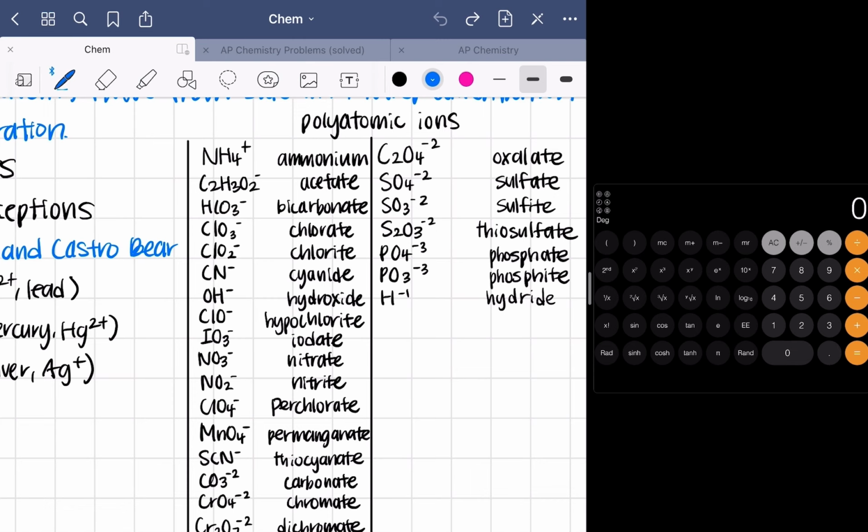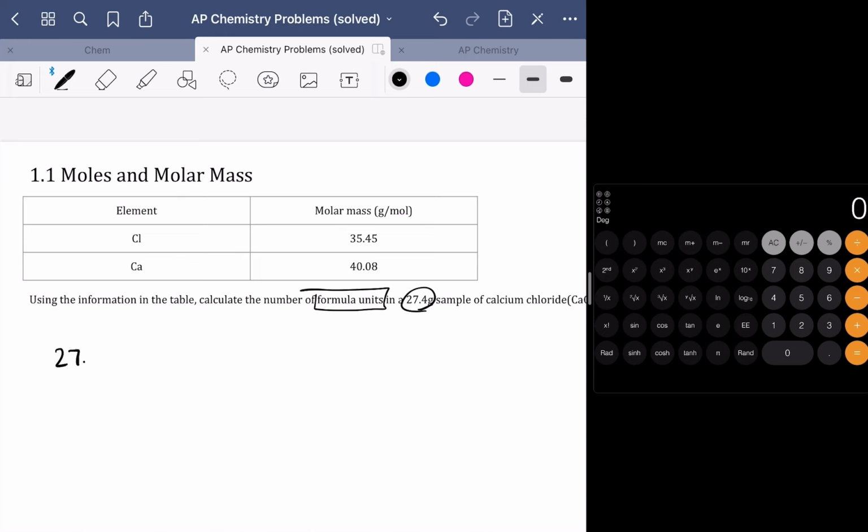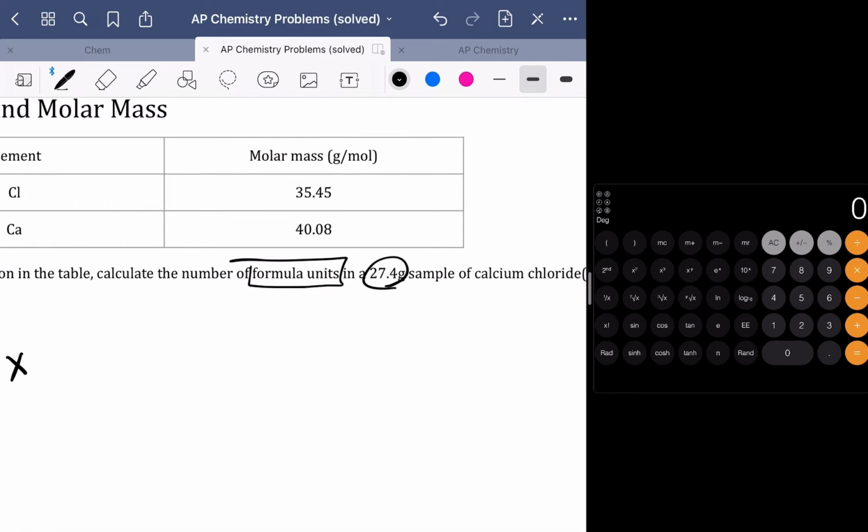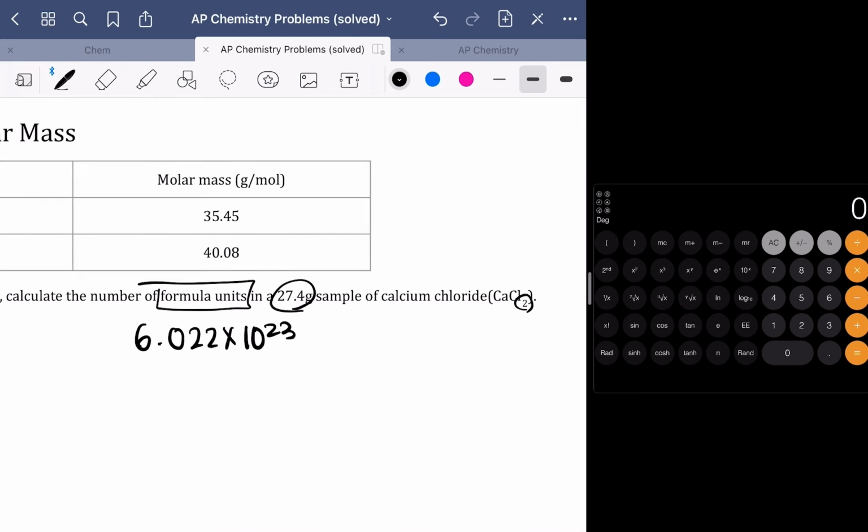So in this problem, we need to calculate the number of formula units in a 27.4 gram sample. We're going to start off with the 27.4 grams of calcium chloride. And one formula unit is equal to 6.022 times 10 to the 23, and it's called Avogadro's number.